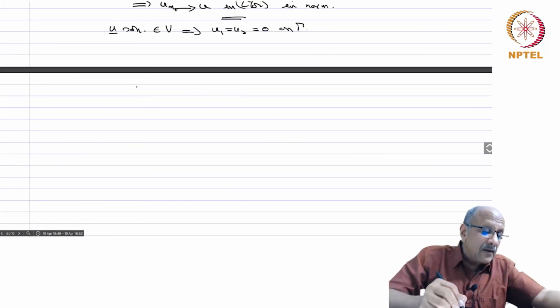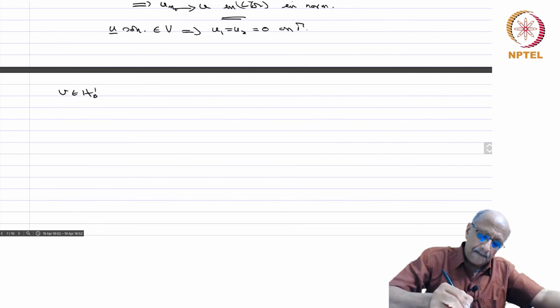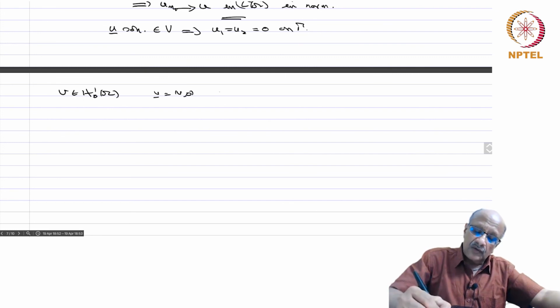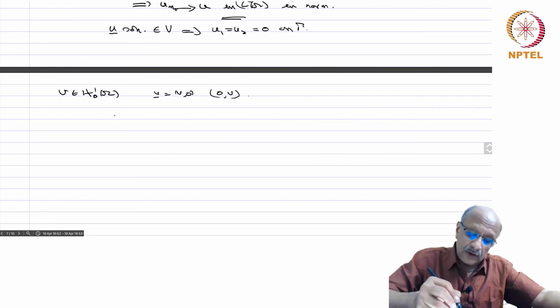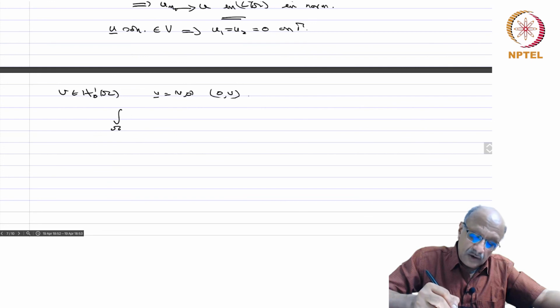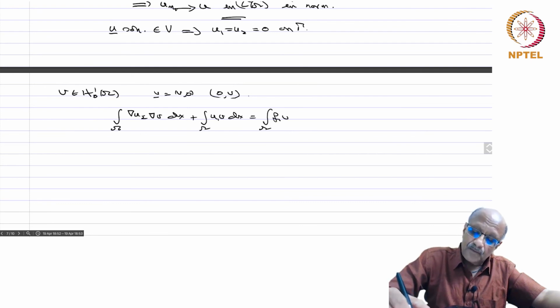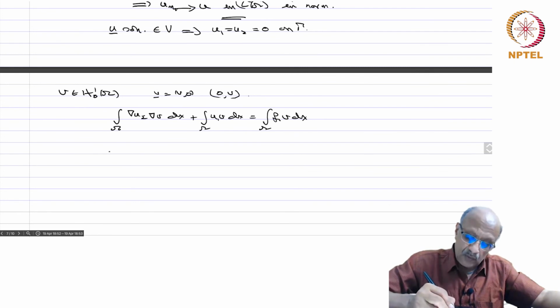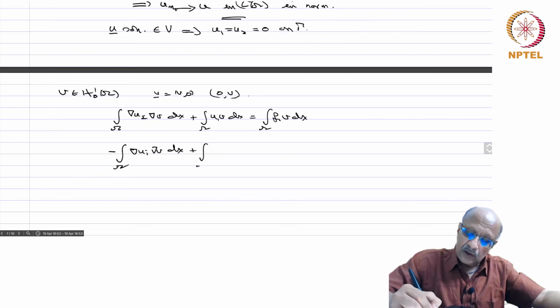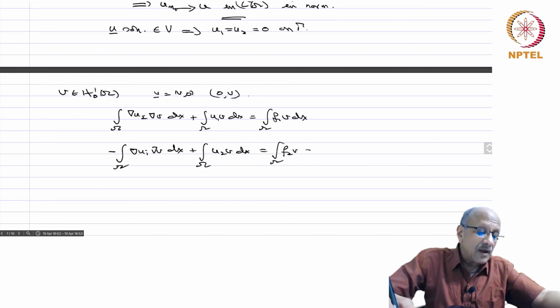So now if you take V in H_0^1 of omega and you take V as (V,0) or (0,V), then you will get that integral on omega of grad u2 dot grad V dx plus integral omega u1 V dx equals integral omega f1 V dx, and the other equation will give you minus integral omega grad u1 dot grad V dx plus integral on omega u2 V dx equals integral omega f2 V dx.